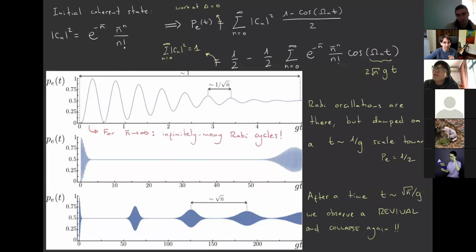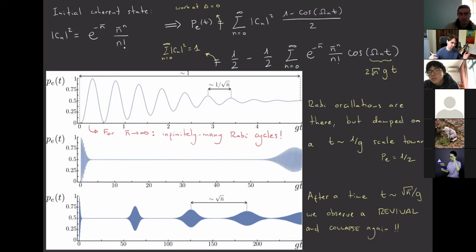And this is very important, because it is telling you, look, if the coupling is small and therefore this time scale is very large, and the field has many photons, in an experiment you will still see a Rabi oscillation. If you don't wait a very long time, you will not realize that it is actually decaying. You will just see many oscillations, many oscillations.